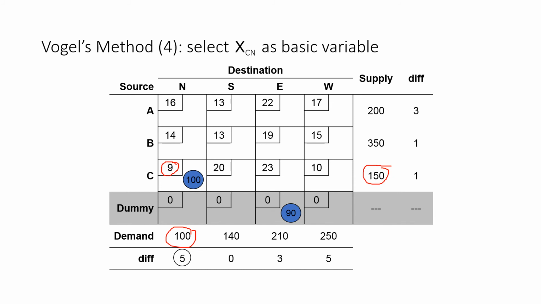So that means the minimum of the 100 and 150 is this 100. Allocate as much as possible to it, which makes this 0, and this will go away. And this becomes 50, obviously. But then again, once I remove this first column, I'm going to have to update the differences and recalculate these differences and repeat the same procedure until I have assigned all these numbers.